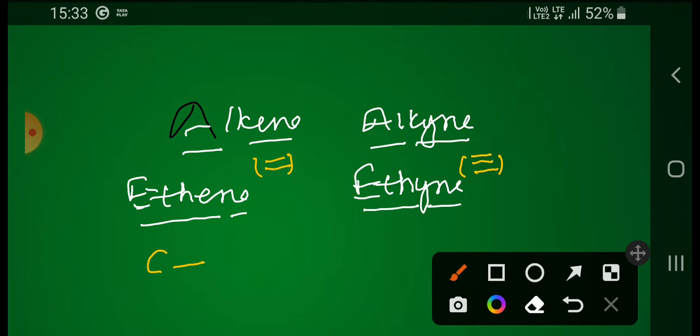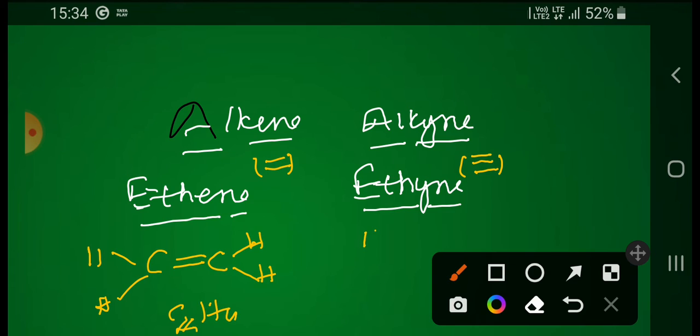So in case of ethene, there is a double bond between two carbons, and this is the representation. Always you have to satisfy the tetravalency. So it's the structural formula of ethene and the molecular formula becomes C2H4.